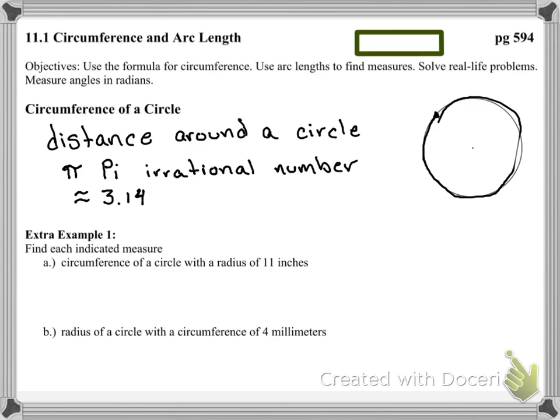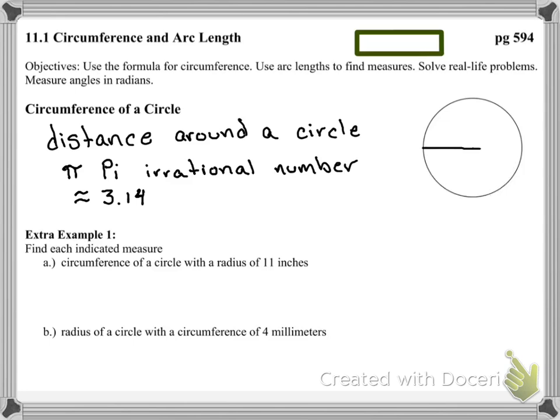But I would really encourage you, whenever dealing with pi, to either leave your numbers exact in terms of pi, or use the pi button in your calculator. There is a pi button in your calculator. Go ahead and try to find that. So why we're talking about pi is the circumference of a circle is just a multiple of pi. The circumference of a circle is the diameter of a circle.